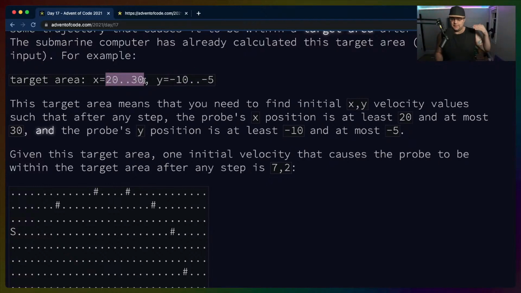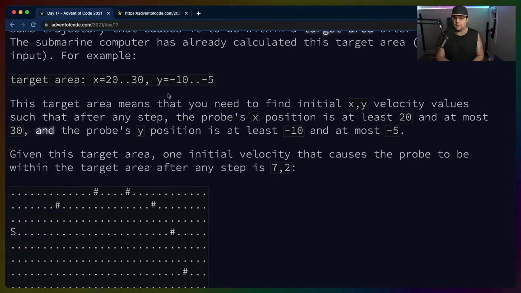The X bound seems very reasonable to me because we move across in X steps, basically, right? So if we have a velocity X of 2, we go 2, 1, 0, whatever, right? So there's definitely a higher or lower bound for X that we could use.